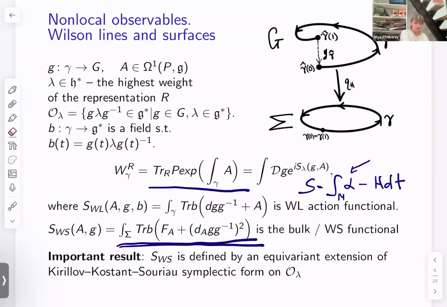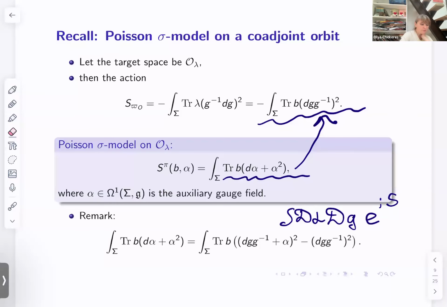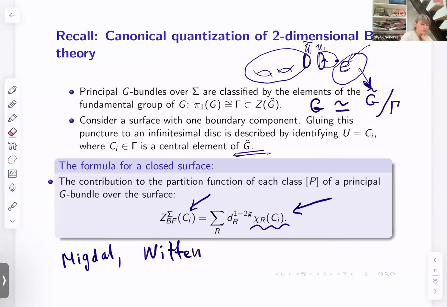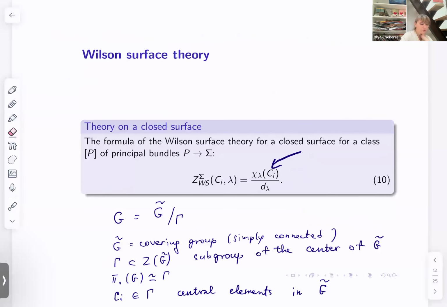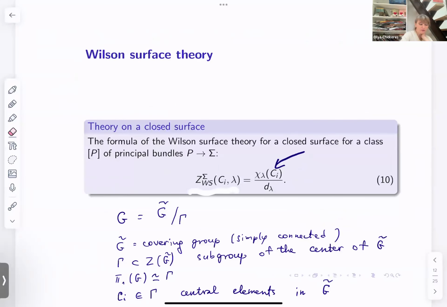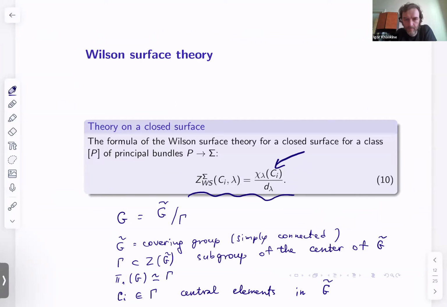What would be the analog of the left-hand side, where you have this geometric integral, this exponential trace of this line integral? Here you have a partition function, but the sum over the representations has disappeared because we have chosen only one representation.